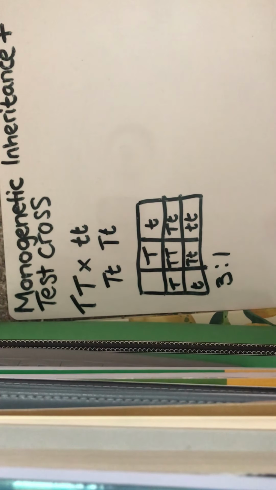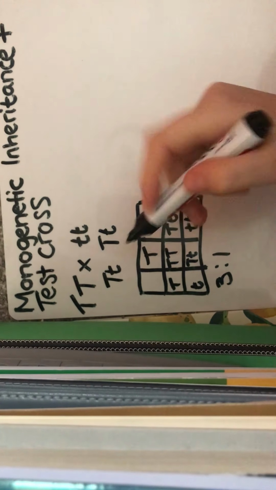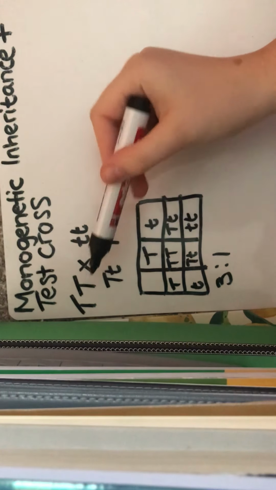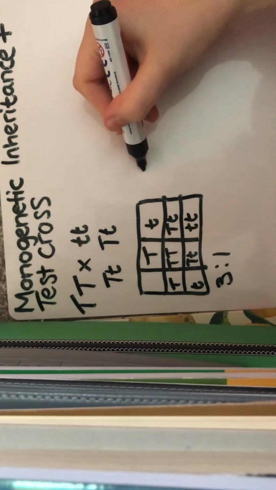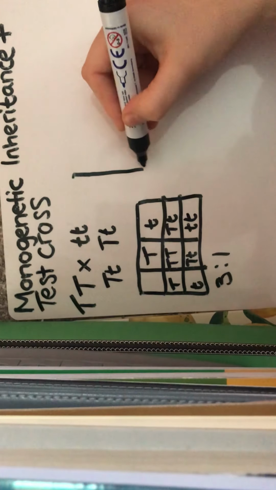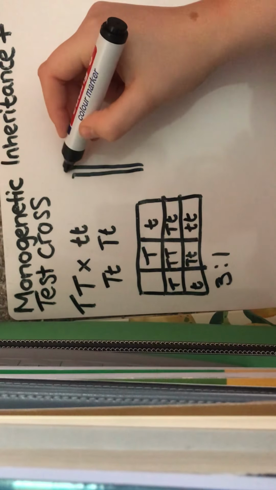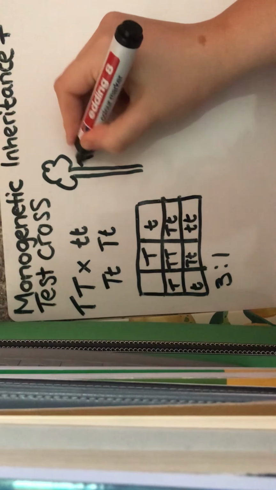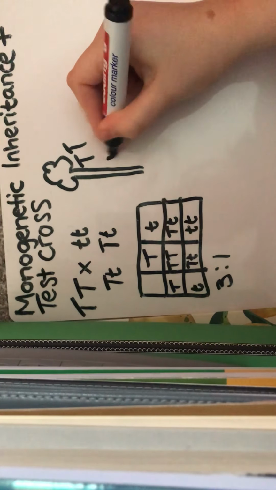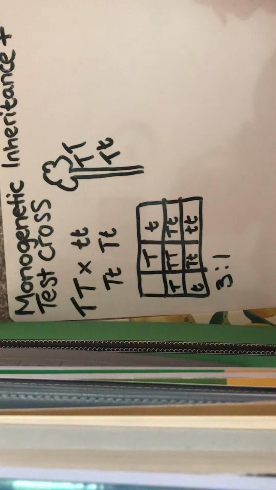We can use this kind of inheritance to determine whether an individual showing the dominant trait is homozygous or heterozygous. Because if we had a tall stem plant, we don't know whether this is TT or T little t.